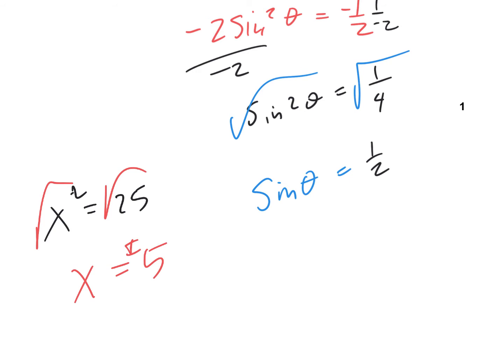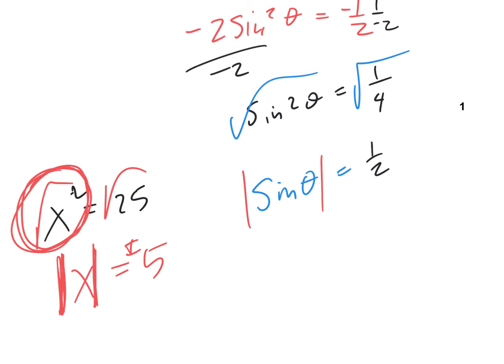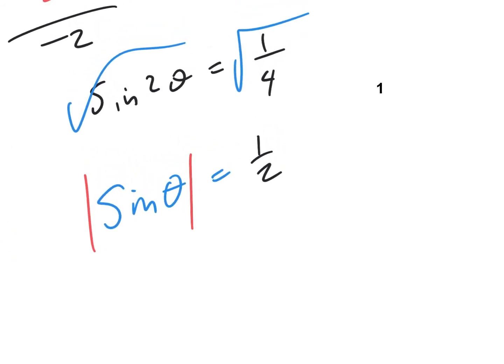It works. But the problem is what really is happening is it's the absolute value. When you square root a variable, it's the absolute value. This is the absolute value of sine is equal to 1/2. And in the end, it brings in what he said, which is you'll end up with a plus and a minus. But that's why. It's because we square rooted a variable.